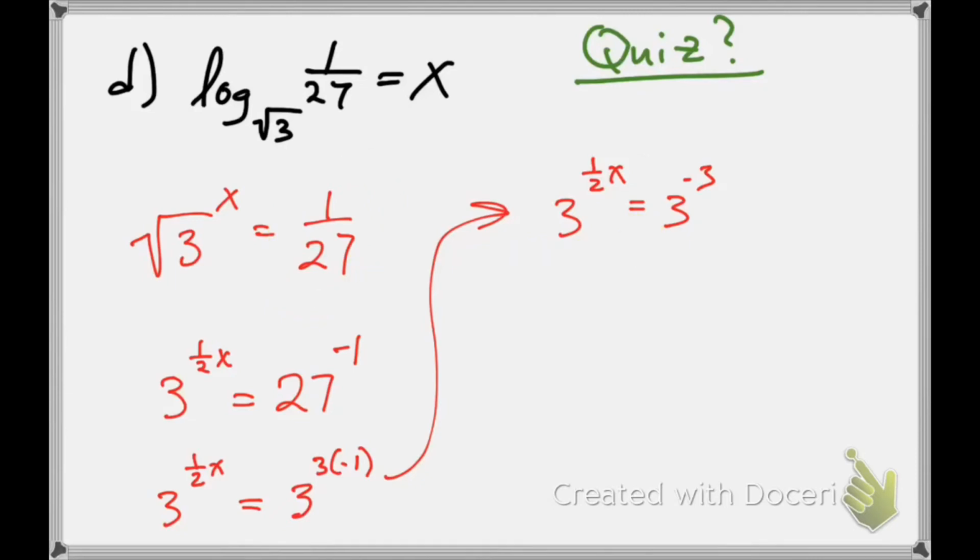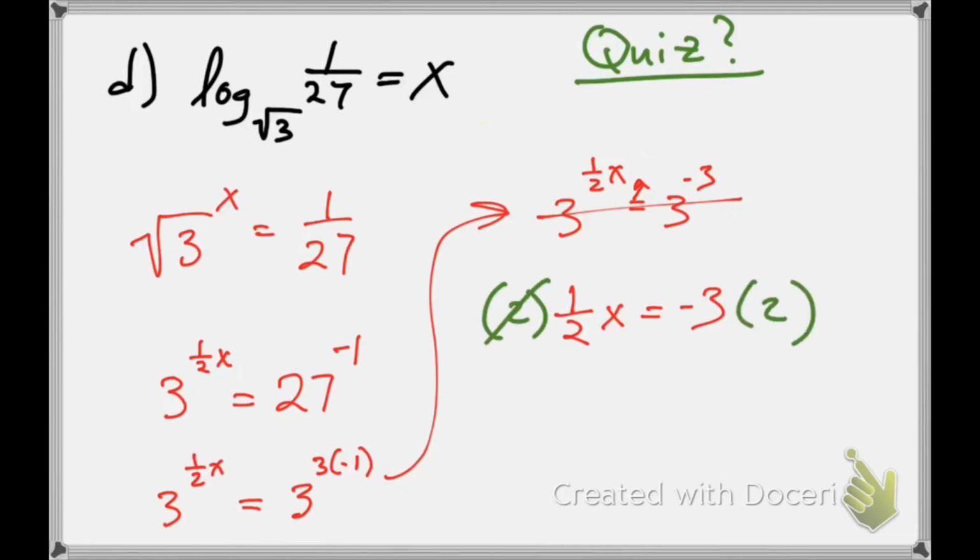You don't have to do exactly like this, but you could, obviously. So since my bases are equal, that means my exponents also have to be equal, which means I can basically cross these out and get 1/2 x equals negative 3, and now I just solve for x, so I'm going to multiply both sides by 2.